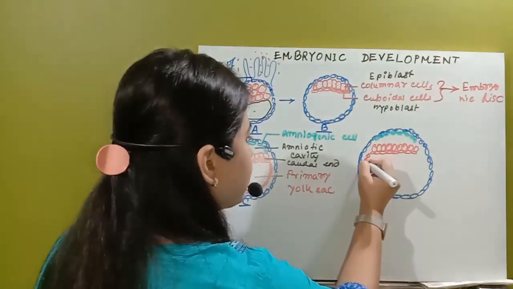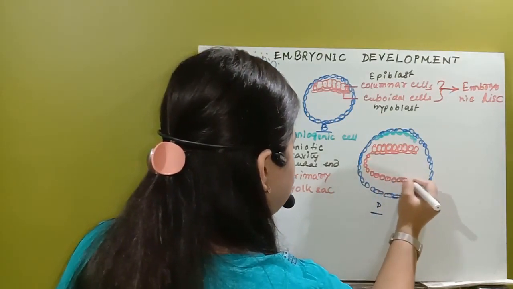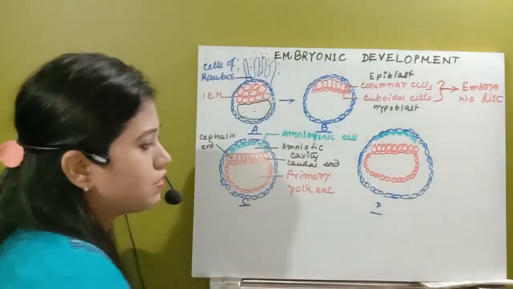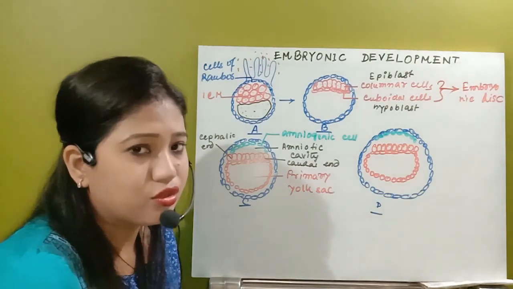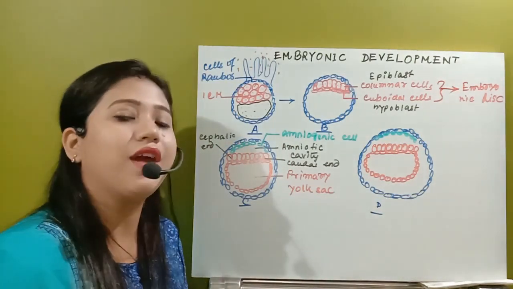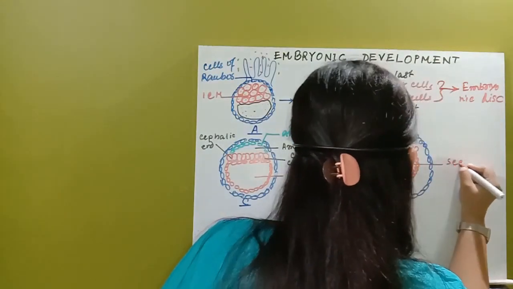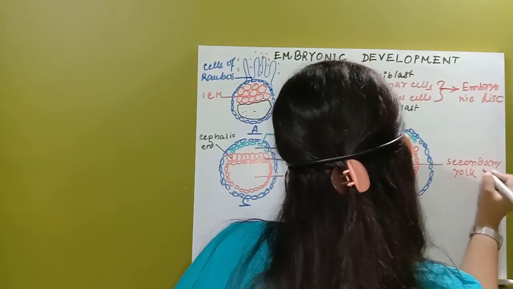So we have the epiblast and the hypoblast. Now this hypoblast will start to form a cavity here. This cavity was known as the primary yolk sac. Gradually it will start to decrease in size, and whenever it decreases in size, it is known as the secondary yolk sac.